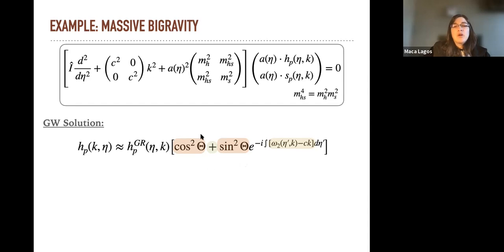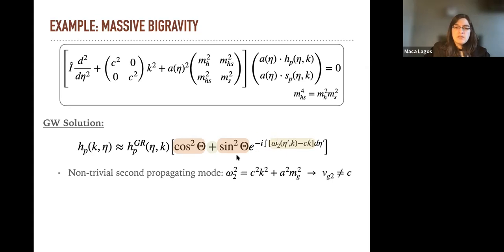One thing that you can see here is that this first propagating mode doesn't have this exponential term with the dispersion relation, and this is because this first propagating mode has the same dispersion relation as GR. So this describes actually a wave that propagates at the speed of light.